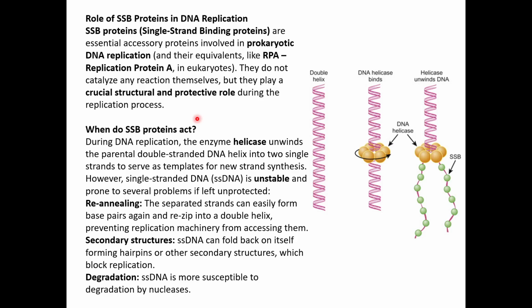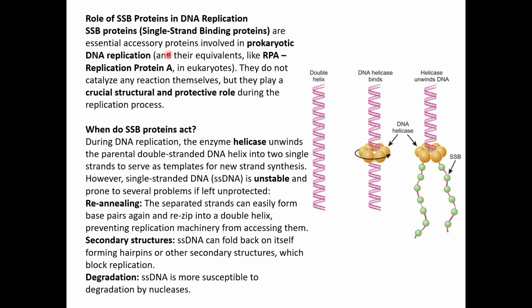Next is the role of SSB proteins. So, like I said, SSB proteins are single stranded binding proteins. These are essential accessory proteins which are involved in prokaryotic replication and eukaryotic replication.